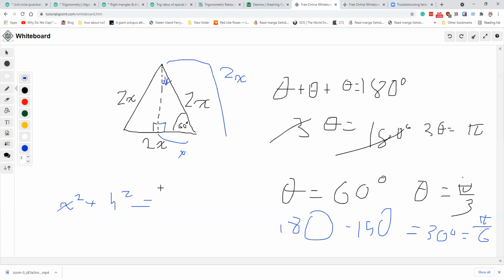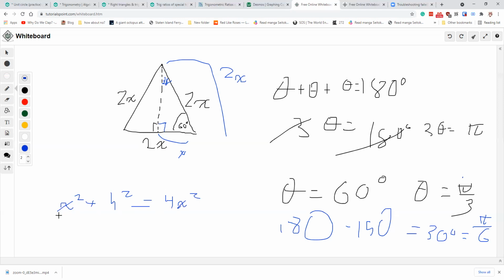Well, 2x squared is going to be 2 squared times x squared, and 2 squared is 4, because 2 times 2 is 4, so this is going to be 4x squared.